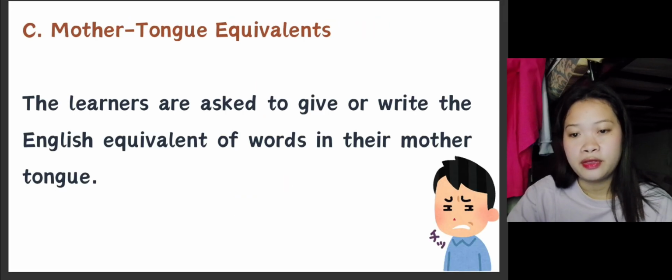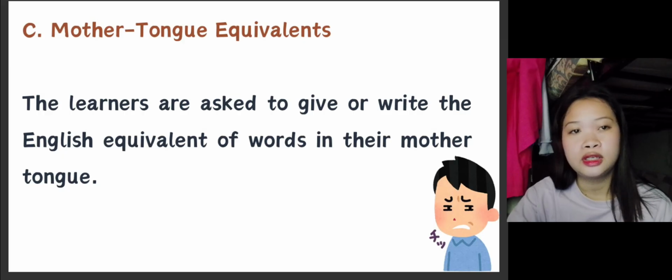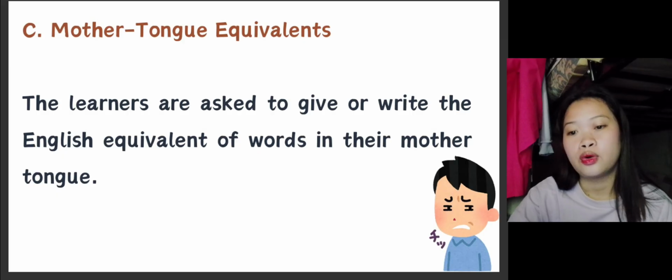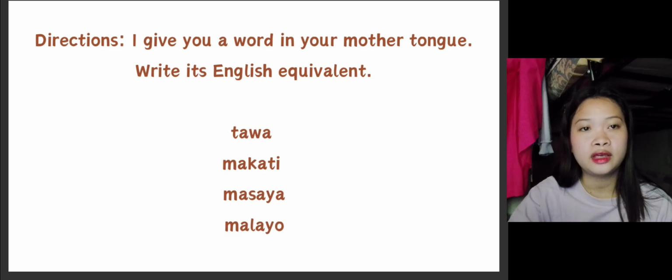And next, we have the mother tongue equivalence. Unsa man ang mother tongue equivalence? So the learners are asked to give or write the English equivalent of words in their mother tongue. So directions. Kani, I give you a word in your mother tongue. Okay, write its English equivalent. Okay, so tawa. Unsa man ang English word sa tawa.